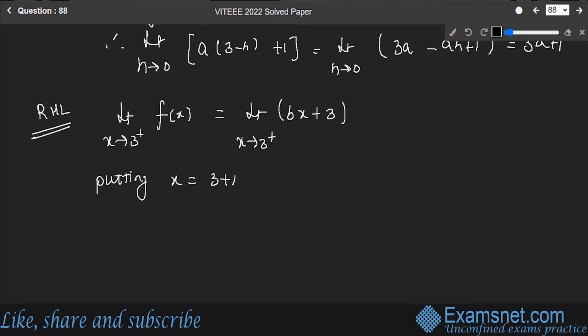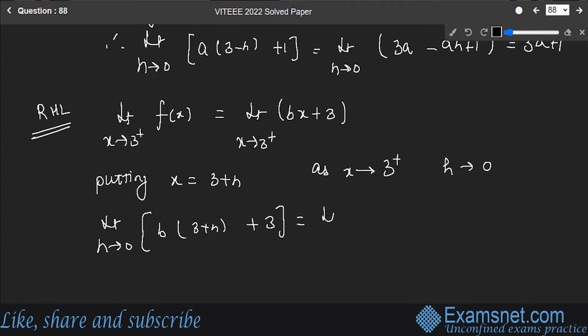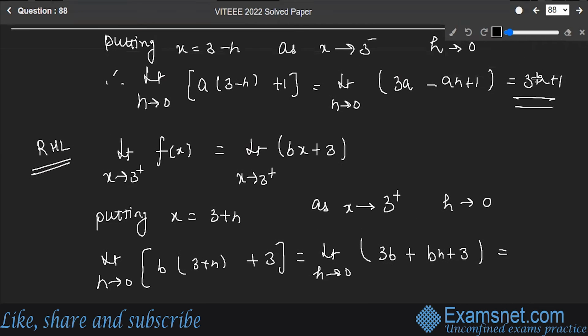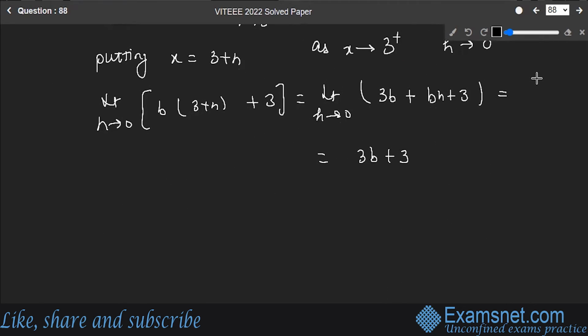Putting x = 3 plus h, as x approaches 3 plus and h approaches 0, this will be b(3 + h) + 3, the limit as h approaches 0 of 3b + bh + 3. This is equal to 3b + 3 when h is approaching 0. So here was 3a + 1 and this is 3b + 3.